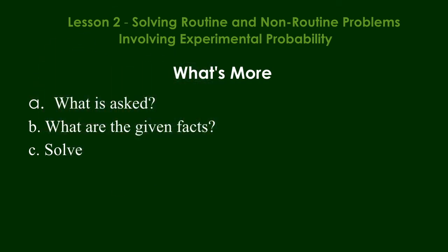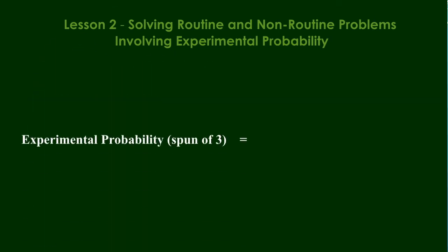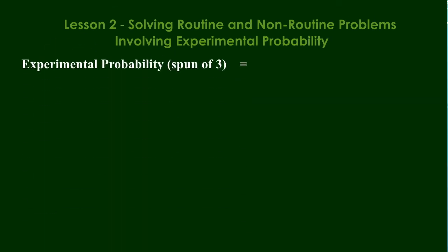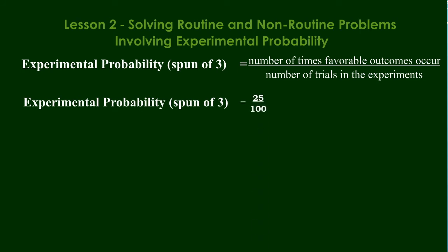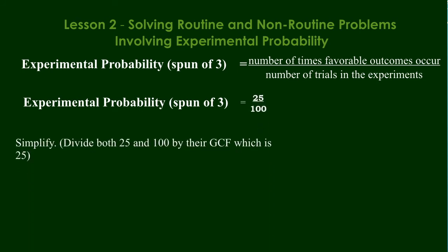Time is up. The answer is: experimental probability of an event is equal to the number of times favorable outcomes occur over the number of trials in the experiment. So P(spun 3) is equal to 25 over 100. Next, simplify. Divide both 25 and 100 by their GCF, which is 25.